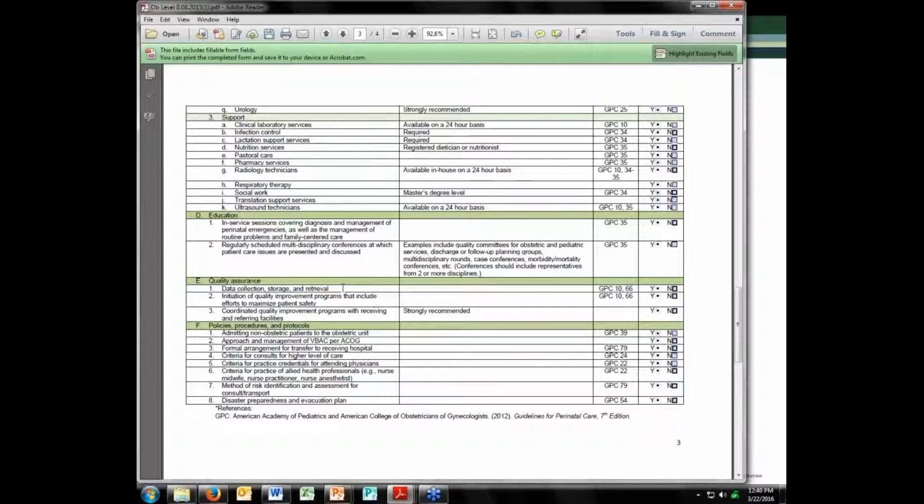And it's important, tied in with that data, to consider what's happening with quality improvement programs, because it should all be about maximizing patient safety, improving patient outcomes. And unless we're collecting this data, unless we're doing something with it, we're not necessarily going to be changing anything. We're not going to be looking at how can we make this better.